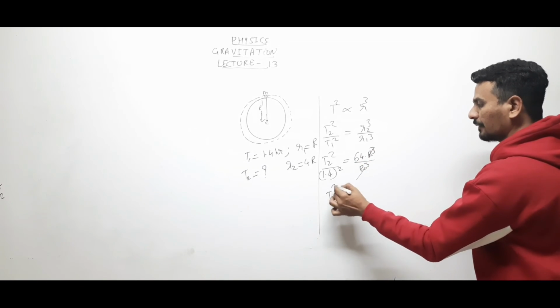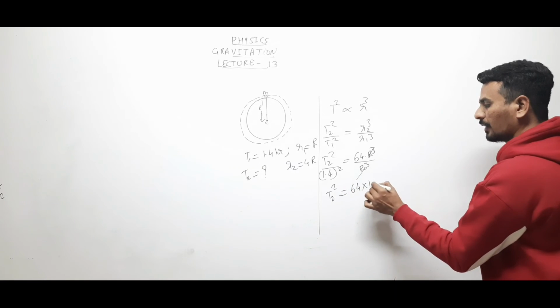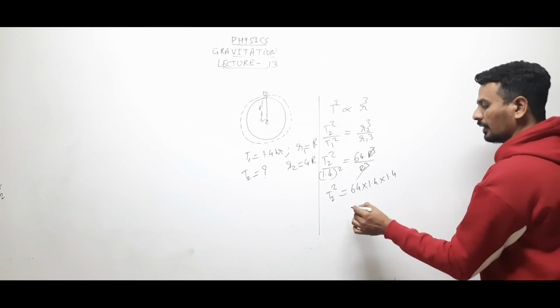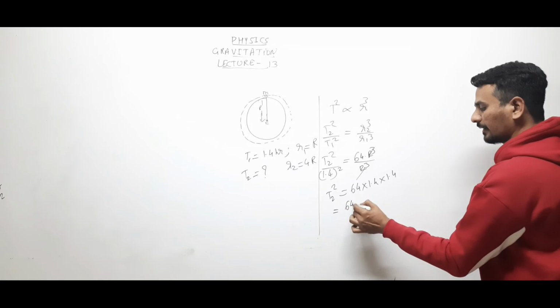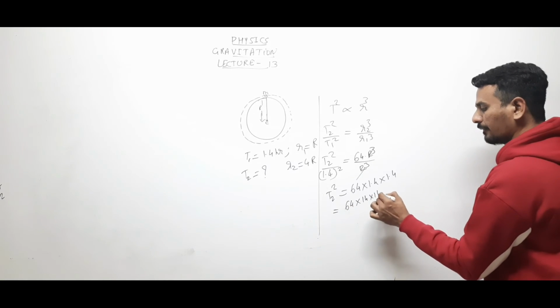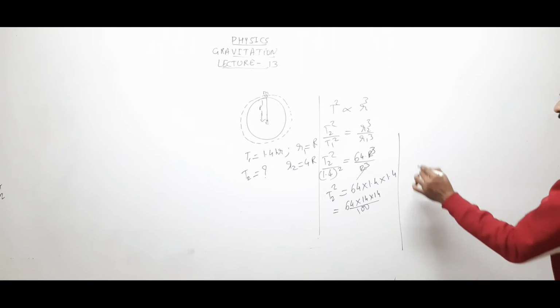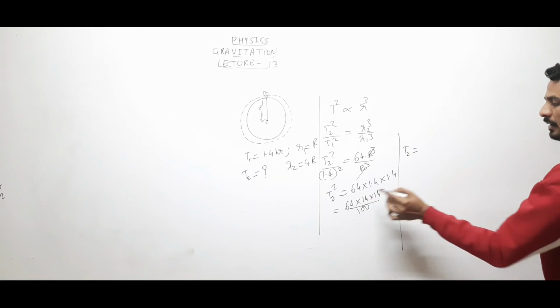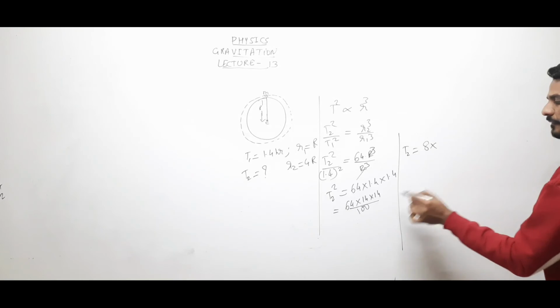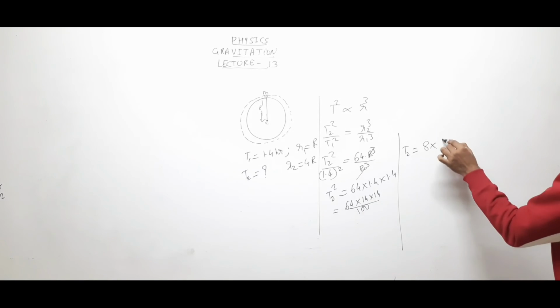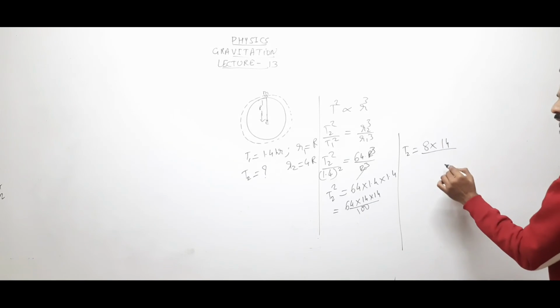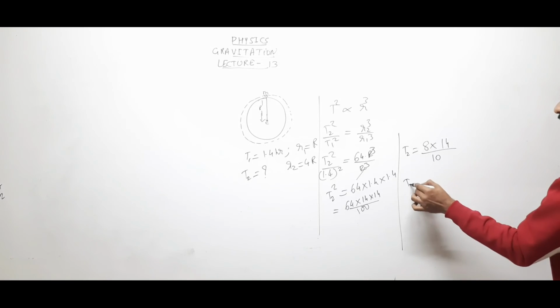So T2 square will be 64 into 1.4 into 1.4, which can be written as 64 into 14 into 14 divided by 100. So T2 will be root of 64 which is 8, into 14, upon root of 100, that is 10.